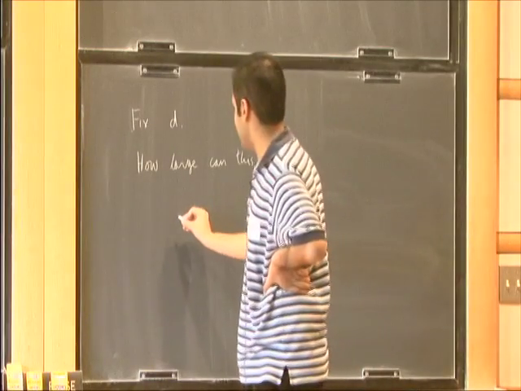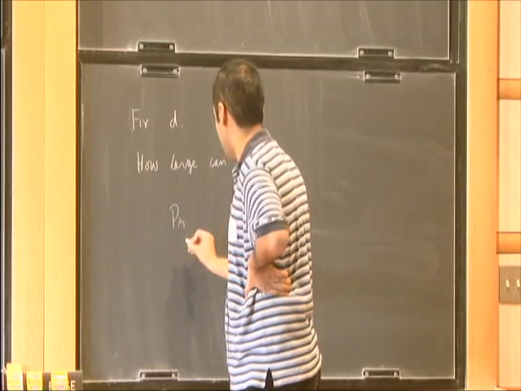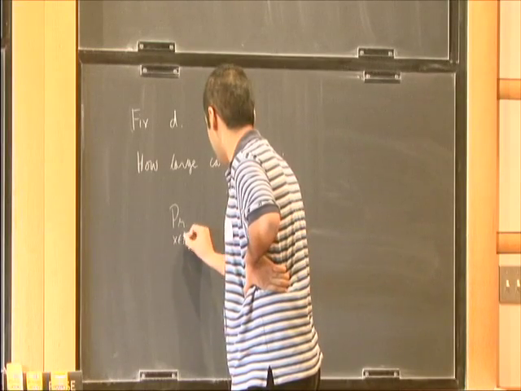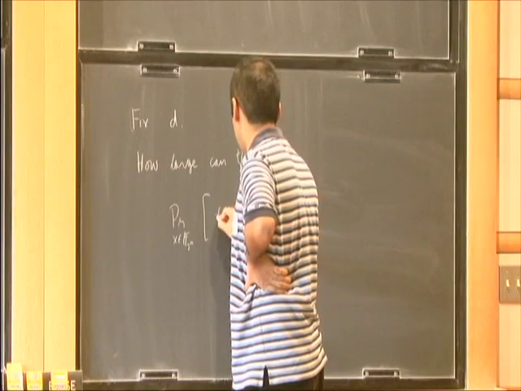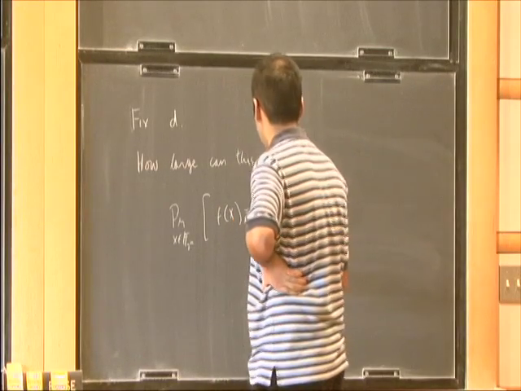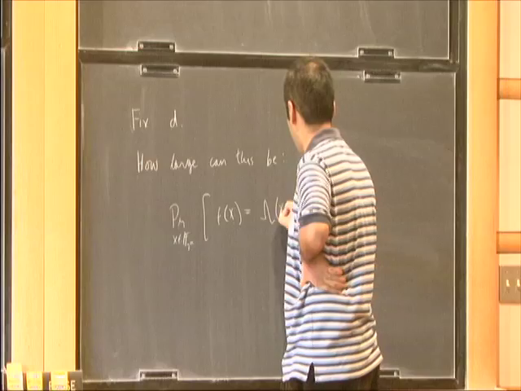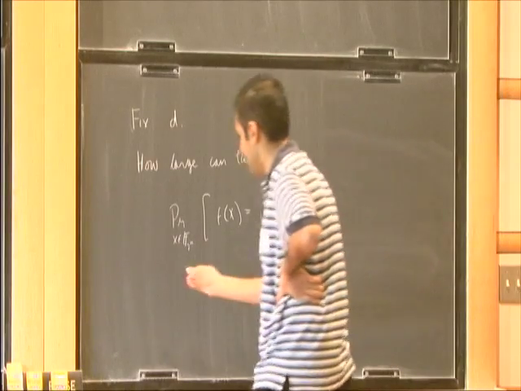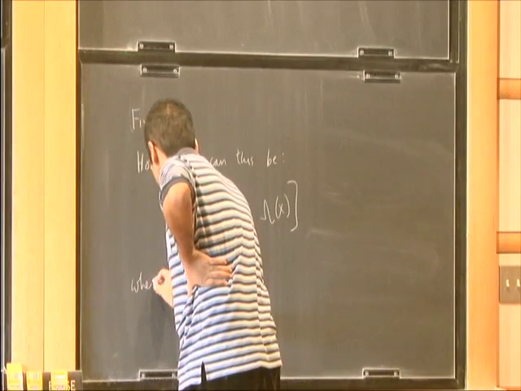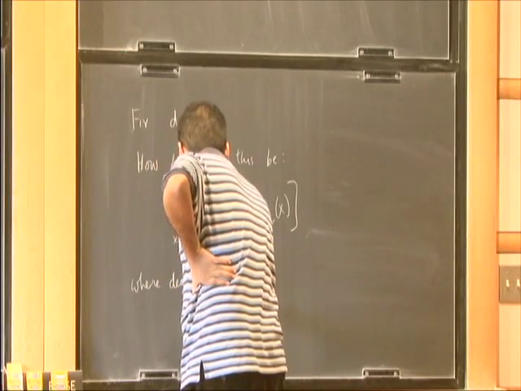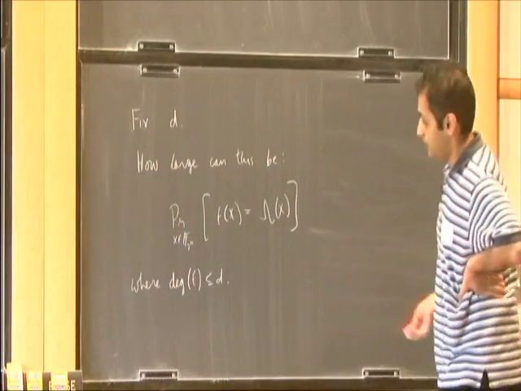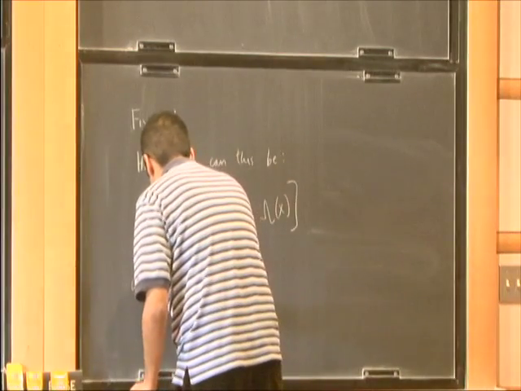So how large can the probability over a random x in F2^n be that f of x equals lambda of x, where the degree of f is at most d. Again, the F2 degree.